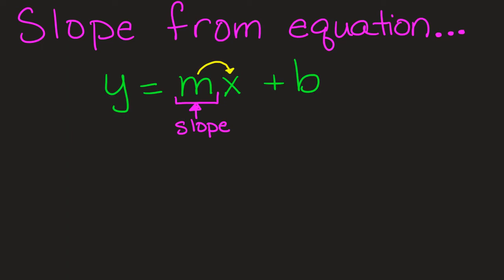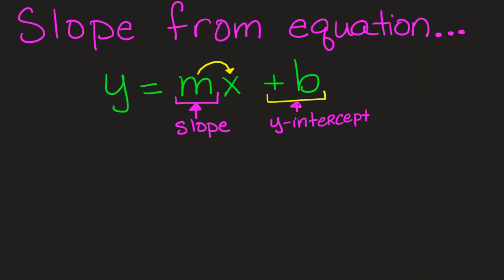And this little b right here, if you can remember, that was your y-intercept. Remember, that's the location that tells you where the graph is going to be crossing the y-axis, but we're worried about the slope, so we're talking about the m.